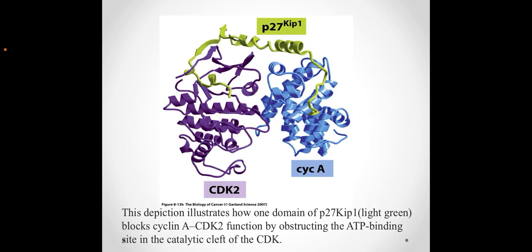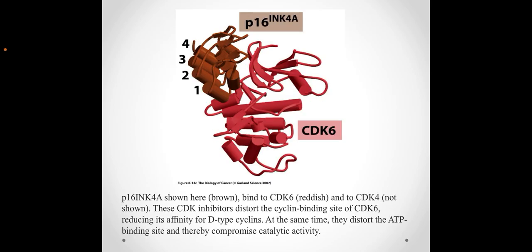This depiction illustrates how one domain of P27 KIP1, light green in color, blocks cyclin A CDK2 function by obstructing the ATP binding site in the catalytic cleft of the CDK enzyme. And that is responsible for blocking the CDK2 complex and its phosphorylation targets.